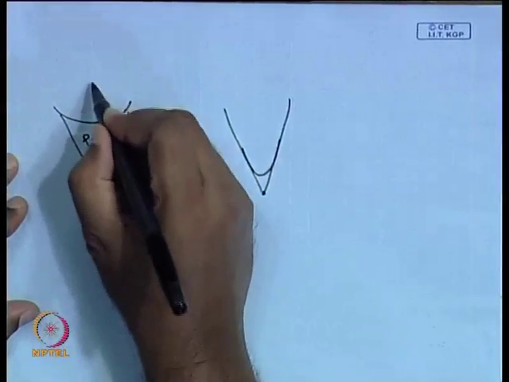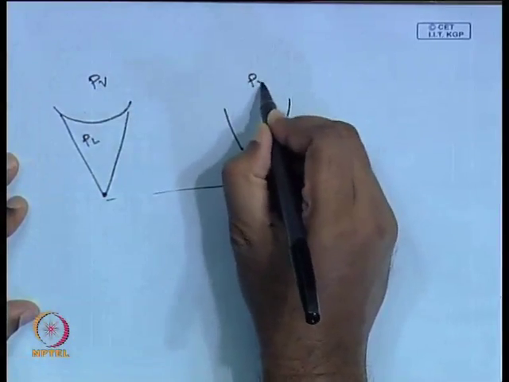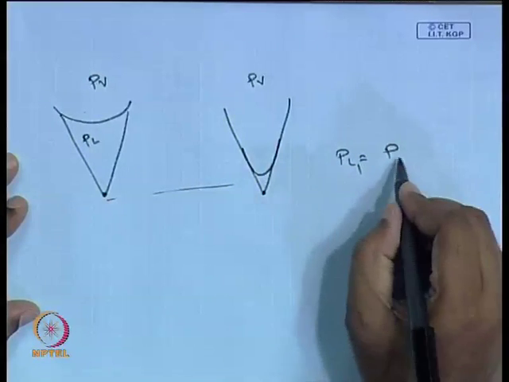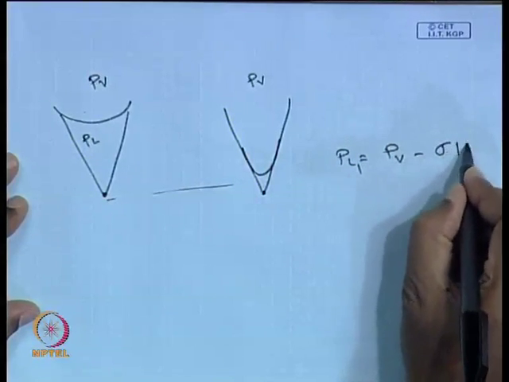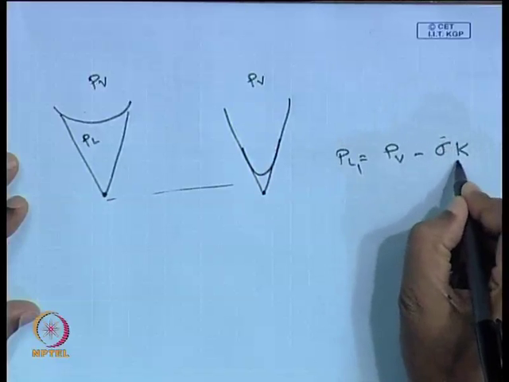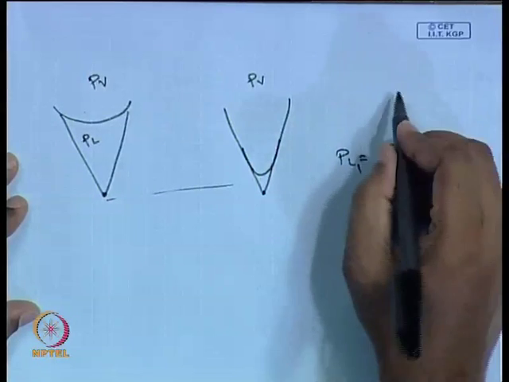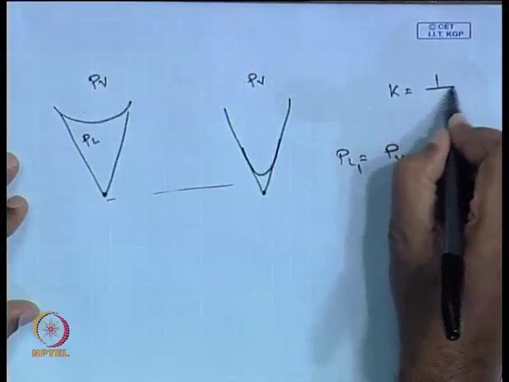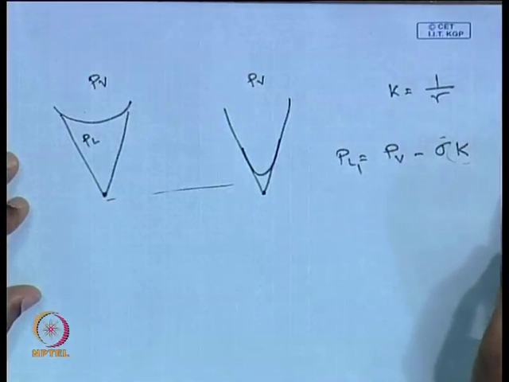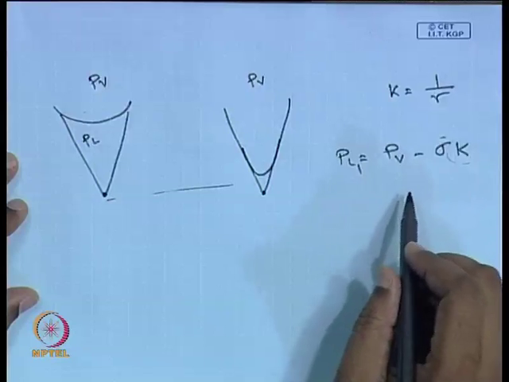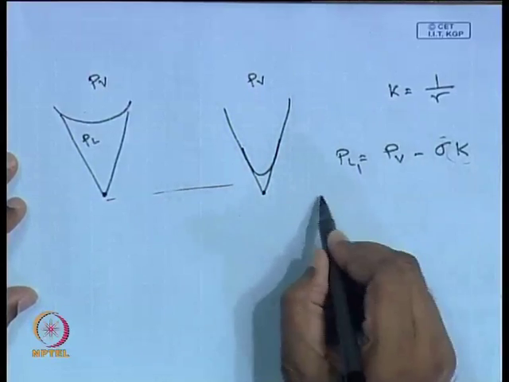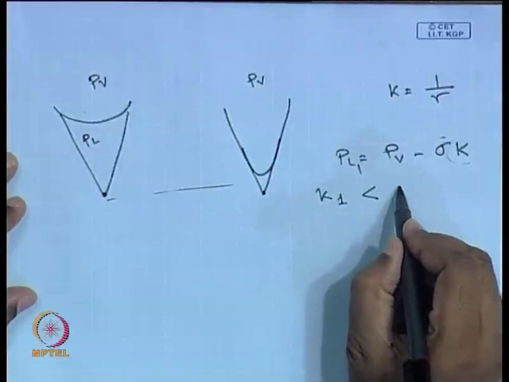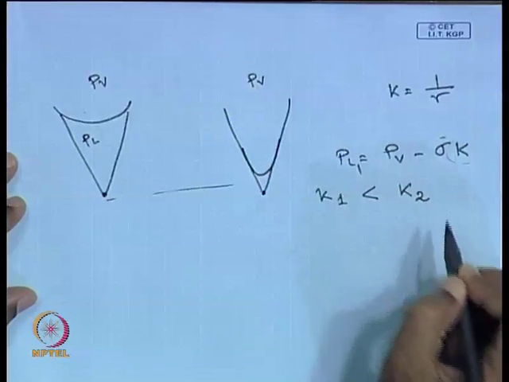So, we will assume that P V is about the same everywhere. P L at point 1 would be equal to P V minus sigma k, sigma being the surface tension and k the curvature, which is about 1 by r, where r is the radius of curvature. Now, the curvature for location 1 is going to be substantially smaller than the curvature for location 2.